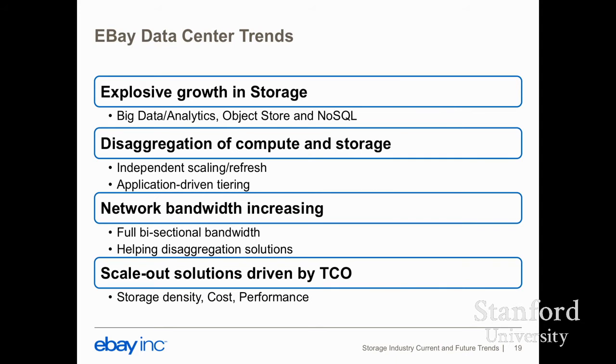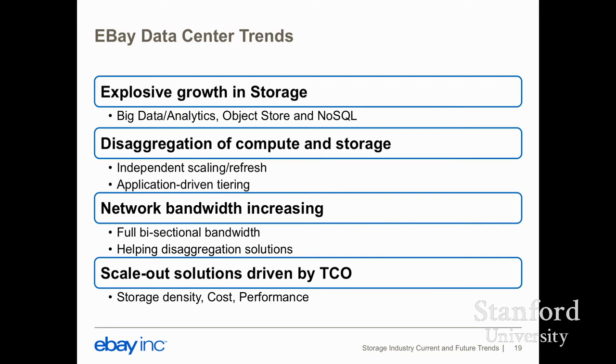So we have to come up with different types of technologies and get very creative when it comes to storage technologies, especially for big data analytics, and the whole aspect of object store with a disaggregation model, and the whole new NoSQL trend, where you have different types of unstructured data that you need to deal with, and the technologies behind that.